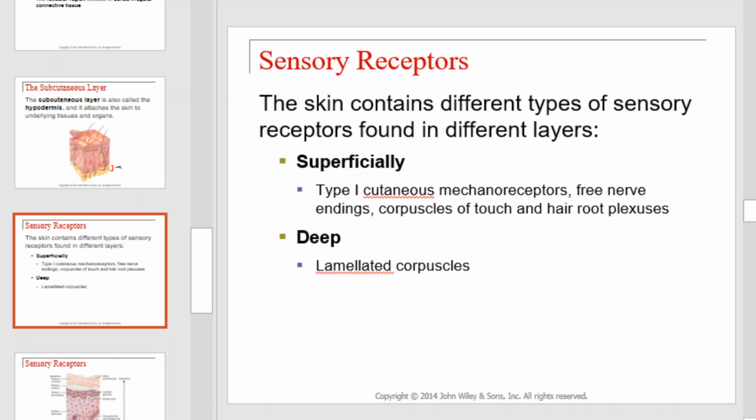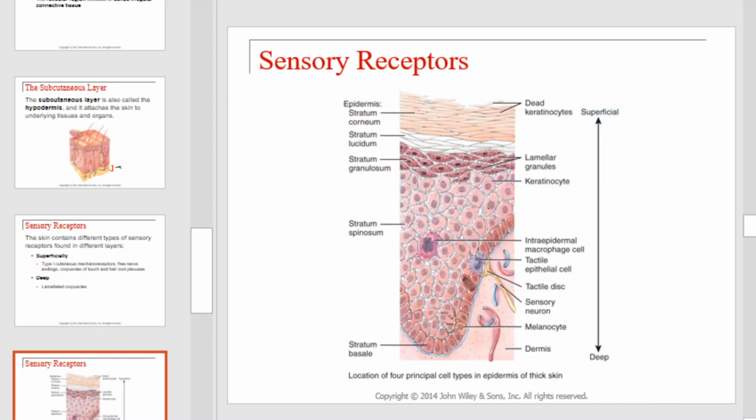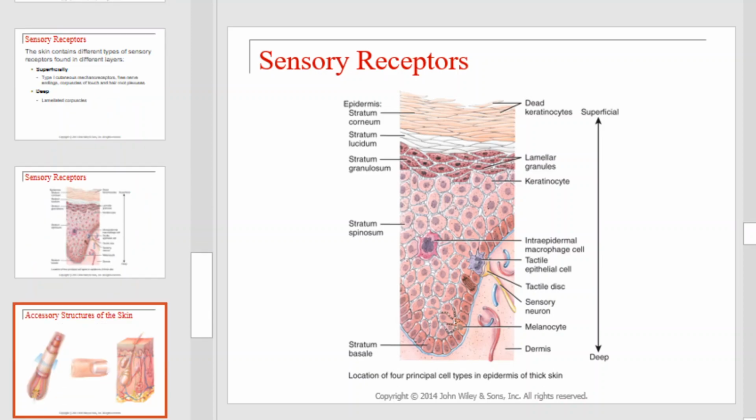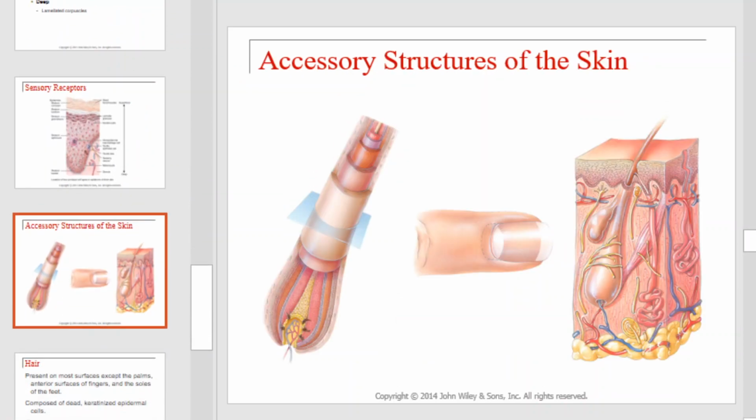The deep receptors are laminated corpuscles. This depiction will give you an idea of where the different receptors can be located in your skin. This is a second depiction illustrating receptors of your skin and the accessory structures of the skin.